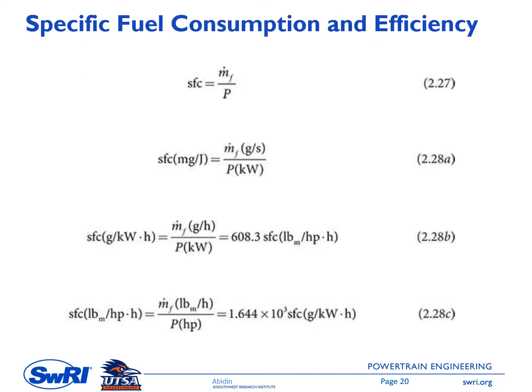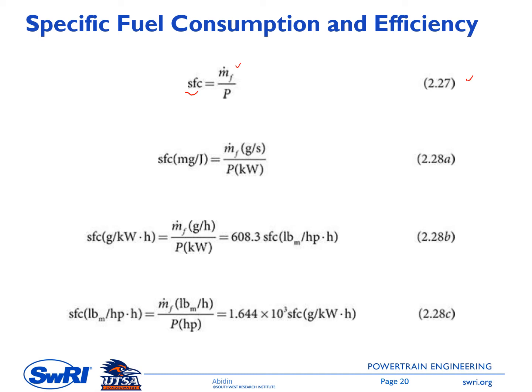The next parameter is specific fuel consumption and efficiency. In engine tests, the fuel consumption is measured as the fuel flow rate, or the mass flow rate per unit time, so in this case we have m_F. Then we have a parameter called specific fuel consumption, SFC. This is the ratio of the fuel mass flow rate over the power output, equation 2.27.